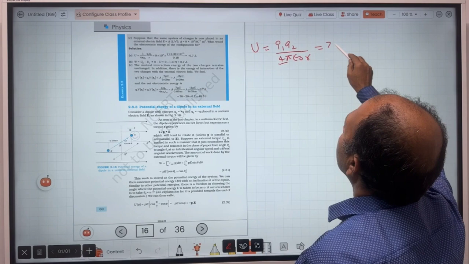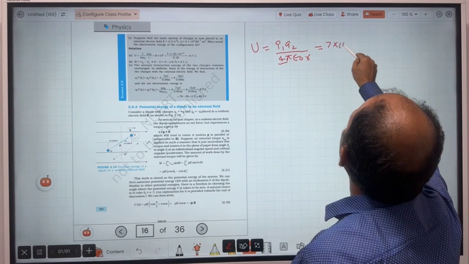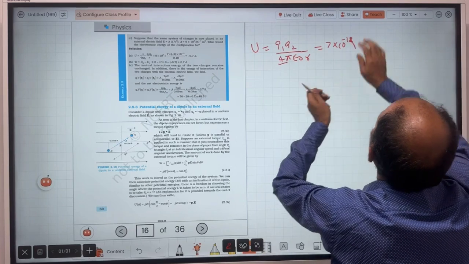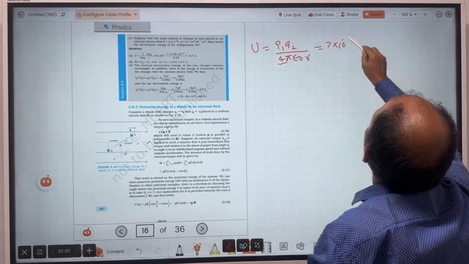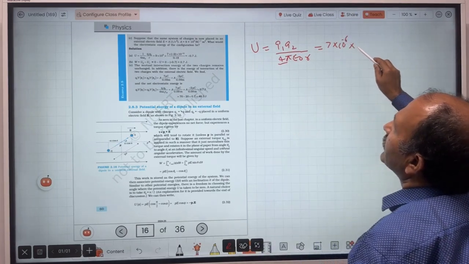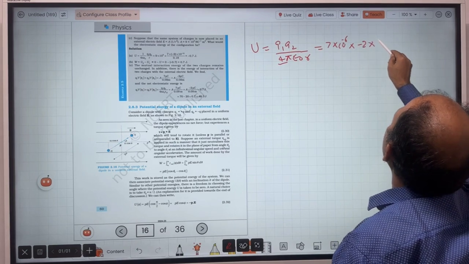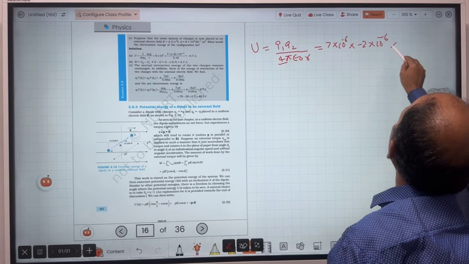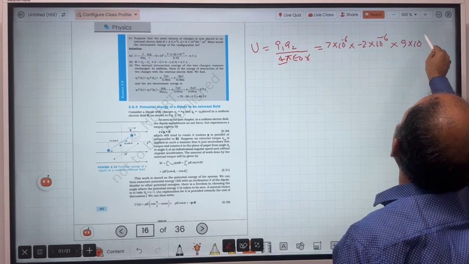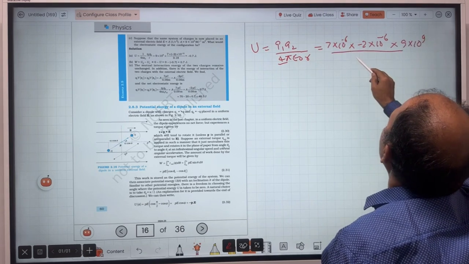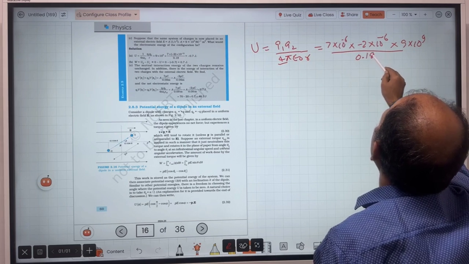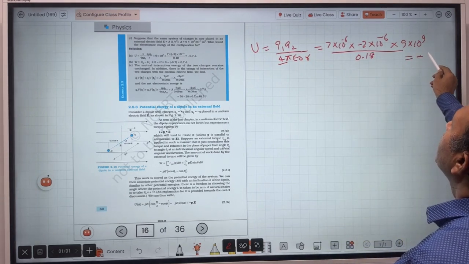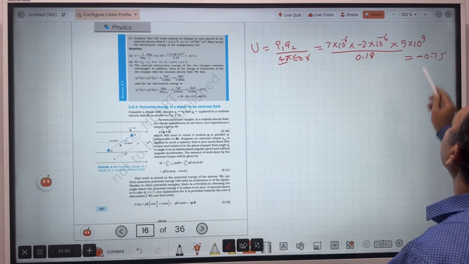One charge is 7 into 10 to the power minus 6 coulomb, and another charge is minus 2 into 10 to the power minus 6 coulomb. 1 upon 4 pi epsilon naught will give 9 into 10 to the power 9, divided by the separation, which is 18 centimeters, so 0.18 meter. Now we evaluate it, and it comes out to be minus 0.7 joule.